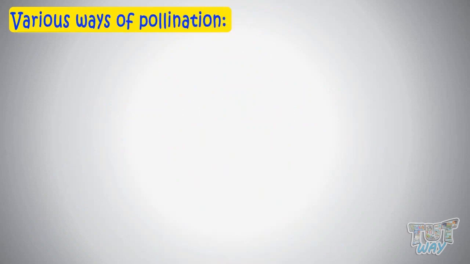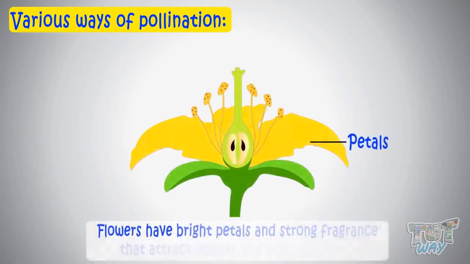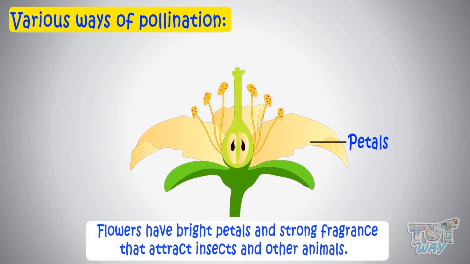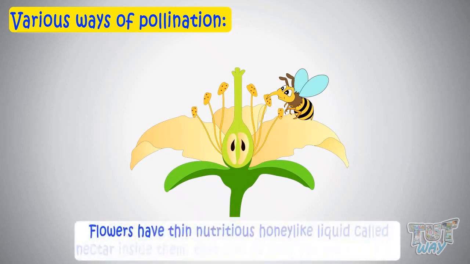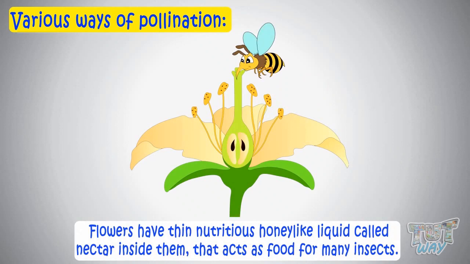How do pollens reach the stigma? Flowers have bright petals and strong fragrance that attract insects and other animals. Also, flowers have thin, nutritious honey-like liquid called nectar inside them that acts as food for many insects.